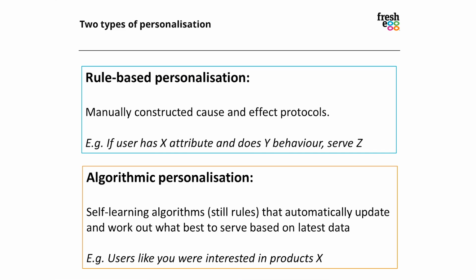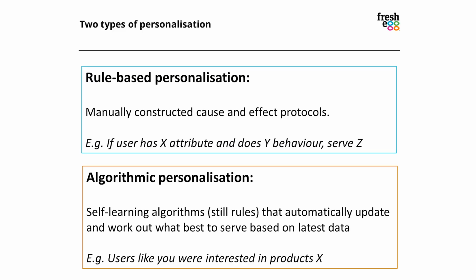The second is algorithmic personalisation. So this is a self-learning algorithm, which is still technically rule-based, but it has that element of automatically updating itself as it works out what the best experience or the best optimization for a user is. A good example of this on sites is product recommendations, where you might have users like you were interested in X products.